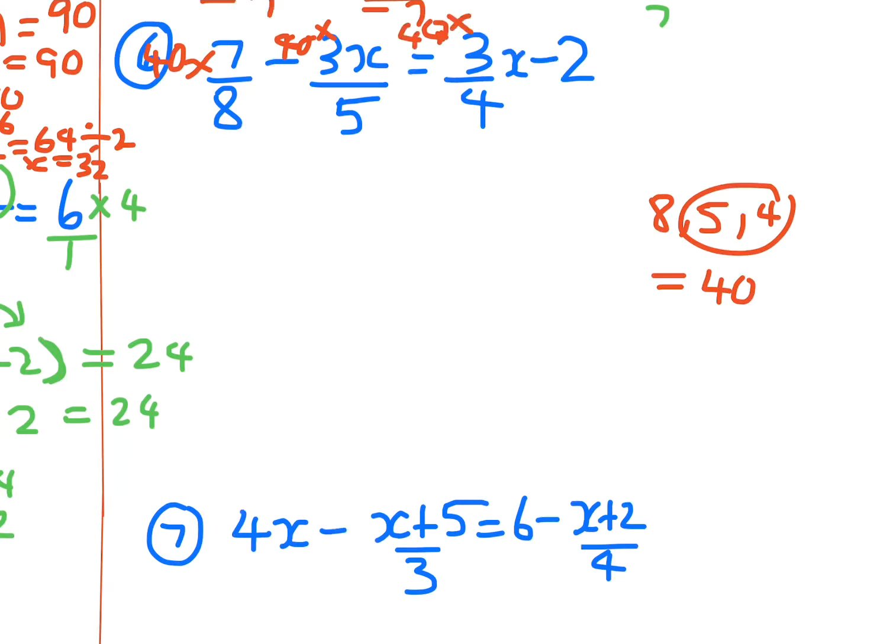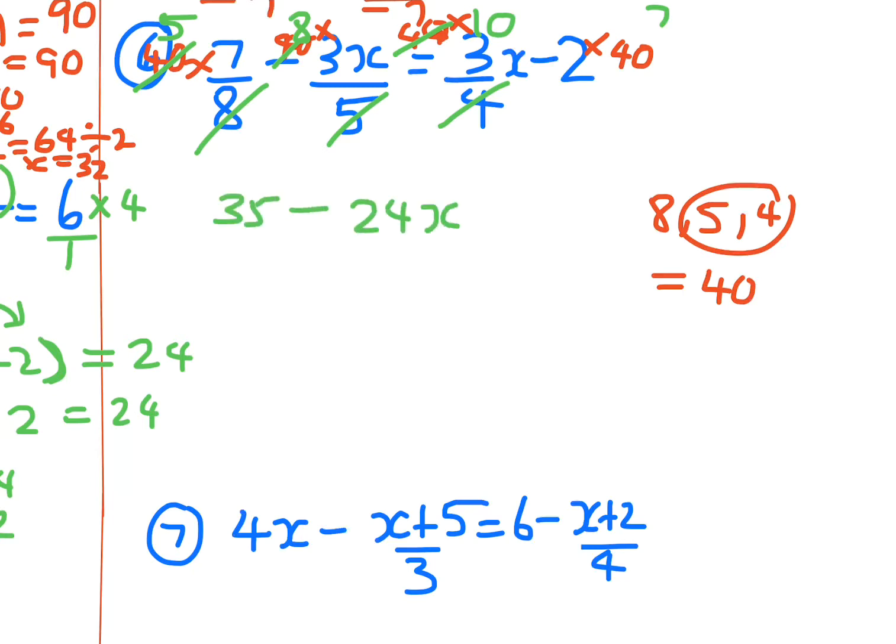So if you look at this, 8 goes into 40 5 times, 5 goes into 40 8 times, 4 goes into 40 10 times, and there's nothing else to cancel out. 5 times 7 is 35, 3 8s are 24, 3 10s are 30, and 2 times 40 is 80.